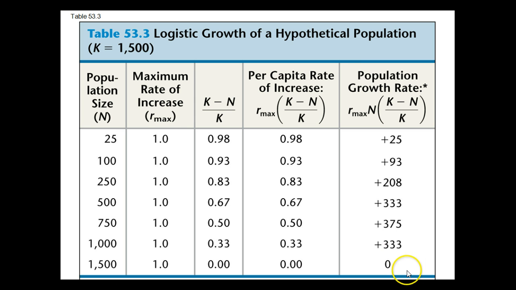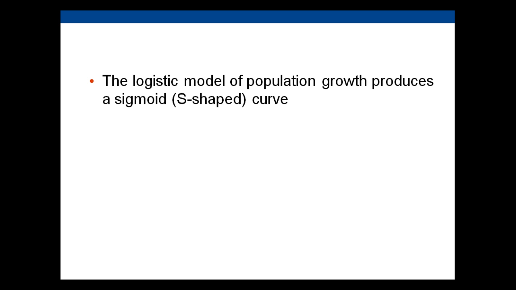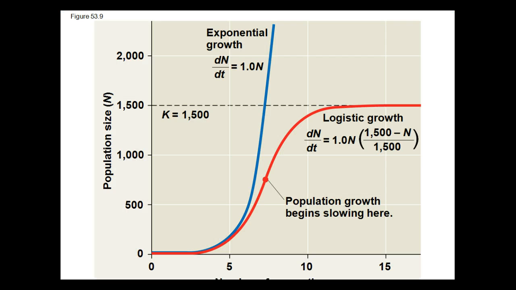Once you reach 1500, you're done. You can't support more. So you end up with an S-shaped curve. Here was our exponential growth that did not take this into account. This was just letting you grow and grow and grow, which we know is not realistic, because resources are going to be limited, space is going to be limited, and predators usually increase as another organism, so we would hope predators would go up.